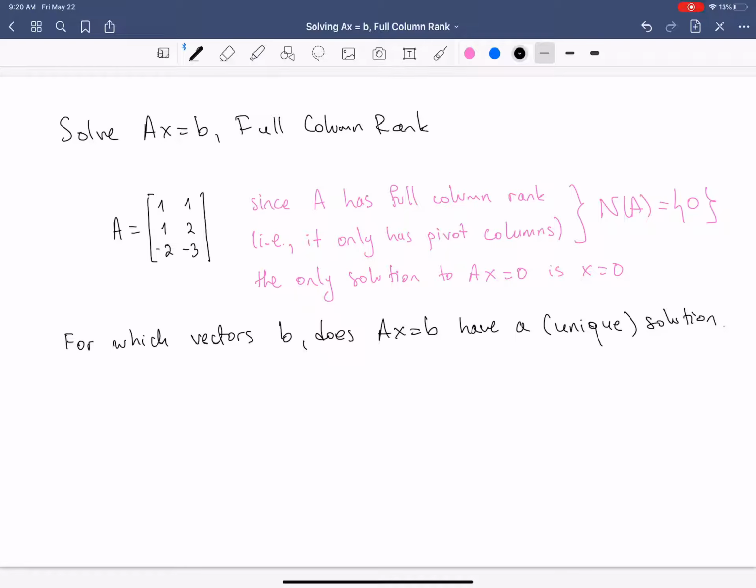Now, why does B have to satisfy any rules? Why is it that there can be vectors B for which AX equals B does not have a solution? The reason is that the vectors B we are considering, which are linear combinations of the columns of A, are vectors with 3 components, but since there are only 2 columns, the column space of A is a plane and not the entire 3D space.